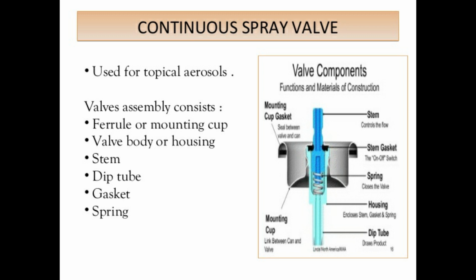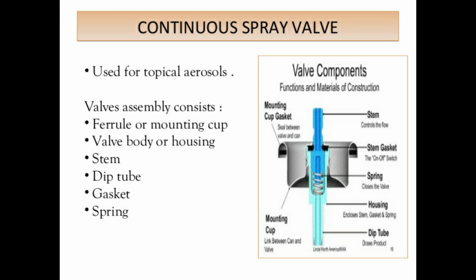So the next component is the valve body or housing. This is made up of nylon or Delrin and contains an opening at the point of attachment of the dip tube. This size is 0.013 to 0.080 inch. The next component is the stem.